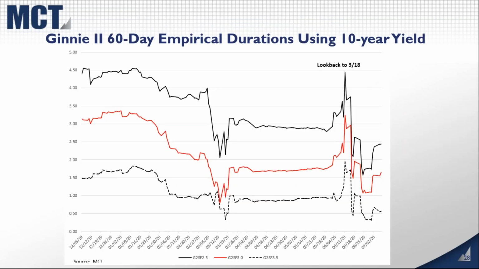And you see, this is the 60-day empirical duration to the 10-year, using the 10-year Treasury as your yield change. And you can see that they're not consistent at all, and you also see that big spike in the durations in early June.